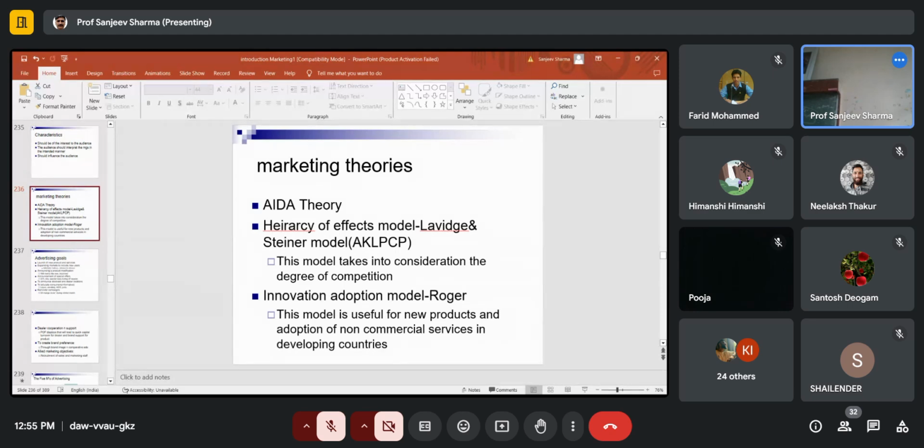Message. You measure it through ad recall. How much money you are spending? What is the increase in sale per unit of money spent?